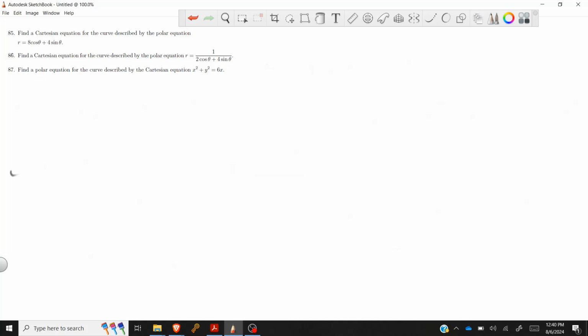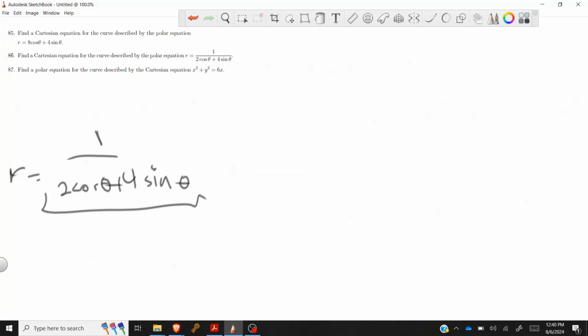So let's go to the second one. We have r equals 1 over 2 cosine theta plus 4 sine theta. So I'm just going to multiply this over to the r side, and then we'll be left with 1 on the other side.